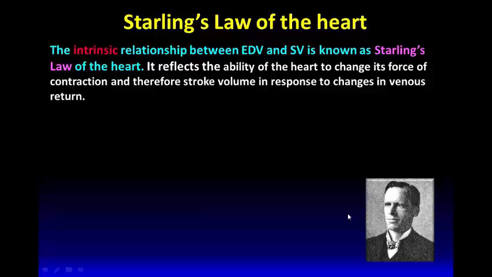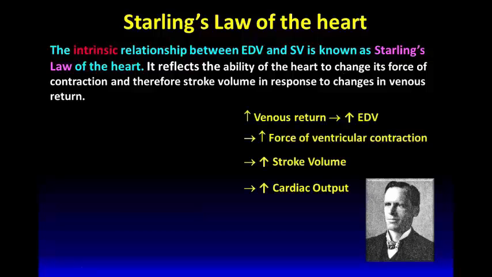It was first described by the physiologist named Starling. And this intrinsic relationship reflects the ability of the heart to change its force of contraction and hence the stroke volume in response to changes in venous return.